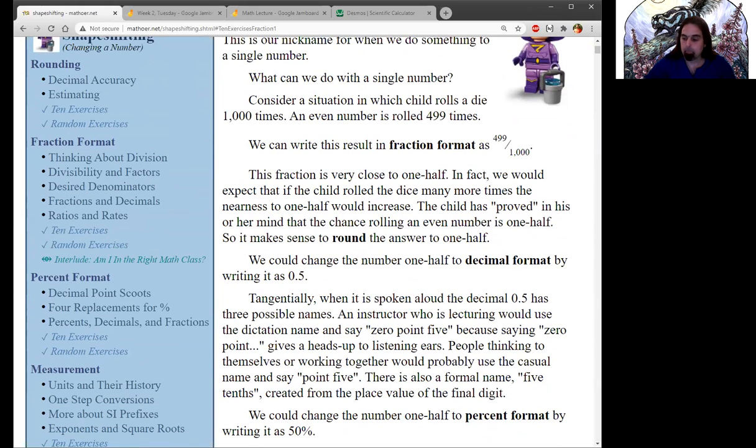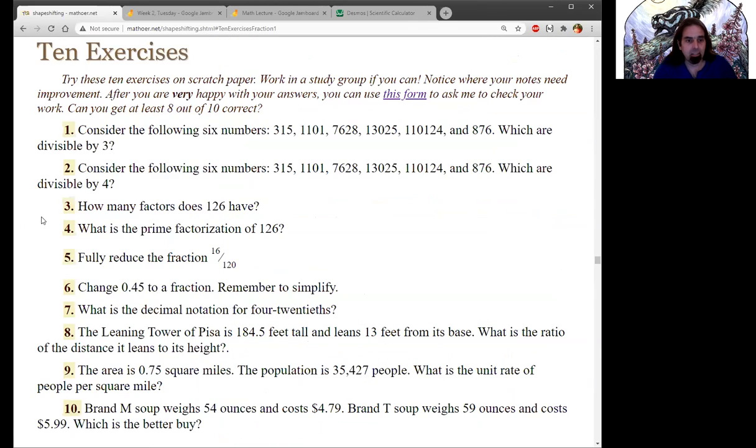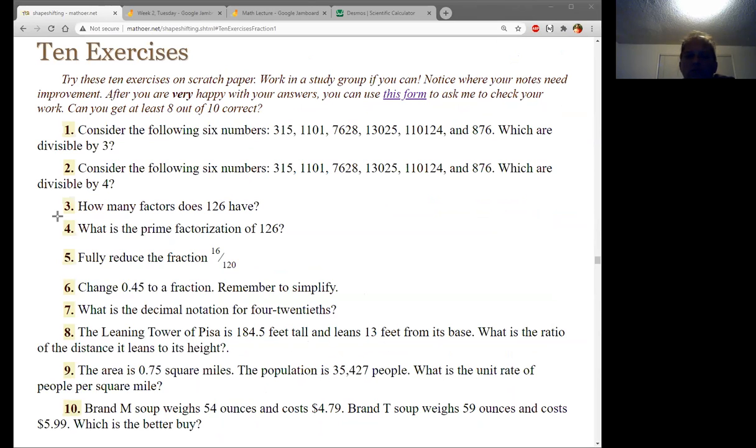Number 4. Still in the fraction format? Okay. Prime factorization of 126. Should I do 3 also for the contrast? Did I do 3 and 4 so we can see how they're different?